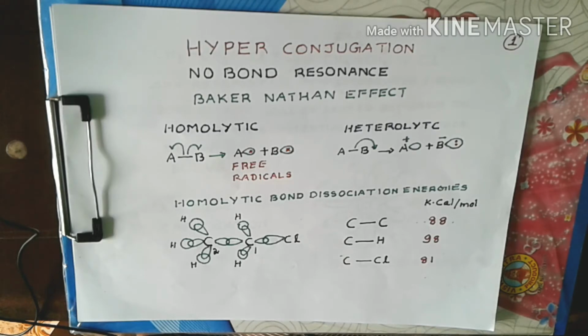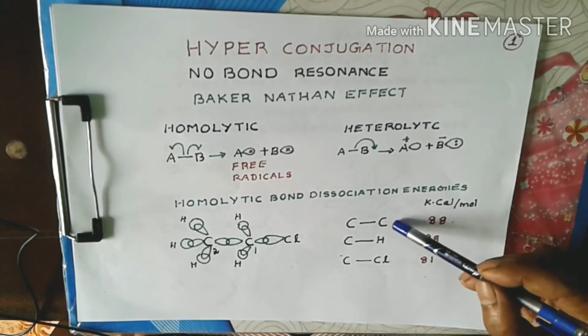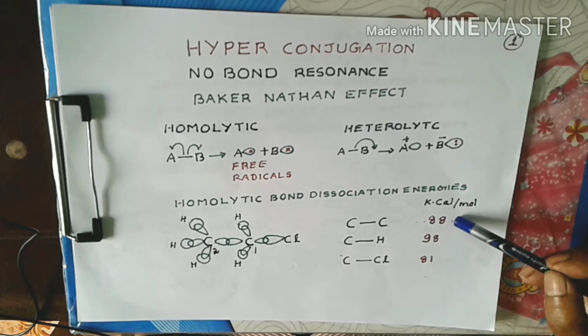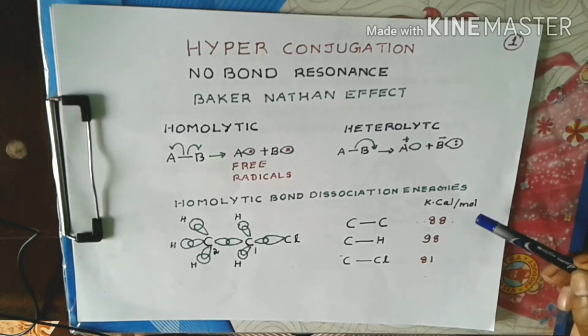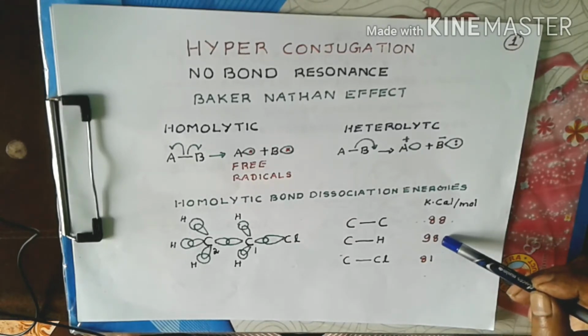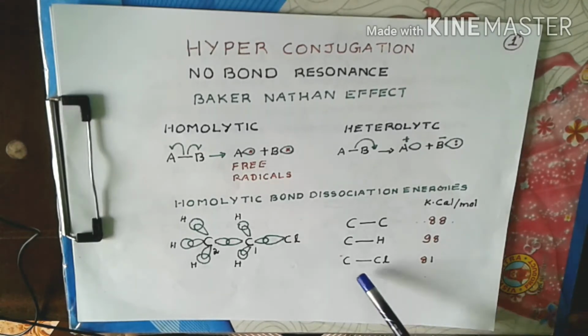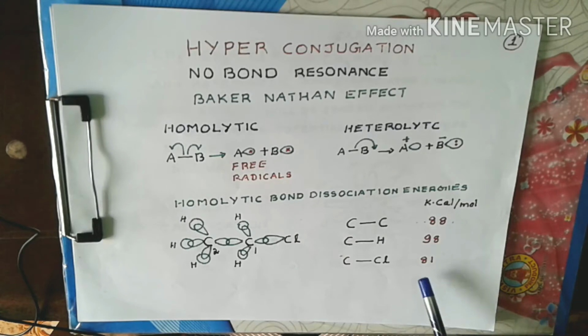Now the homolytic bond dissociation energies for C-C, C-H and C-Cl are given. For the C-C bond, the bond dissociation energy is 88 kilocalories per mole, and the C-H bond, which is the shortest bond, has the highest bond dissociation energy, that is 98, and the C-Cl bond, which is the longest, possesses the lowest bond dissociation energy, that is 81 kilocalories per mole.